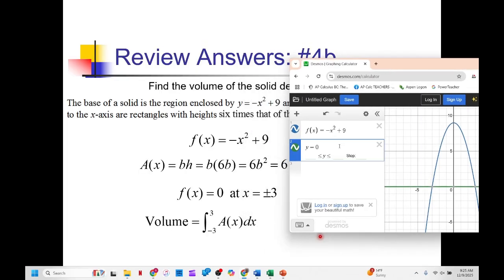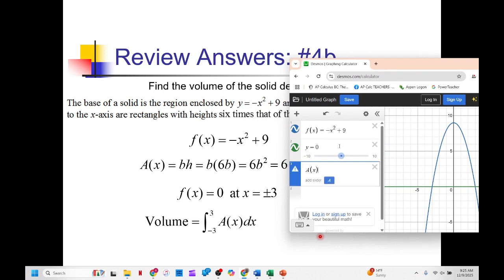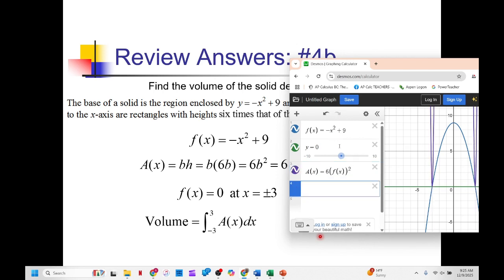A of x equals 6 times f of x, that whole thing squared. So I need the integral from -3 to 3 of a of x dx, and that's coming out to about 1,555.2.